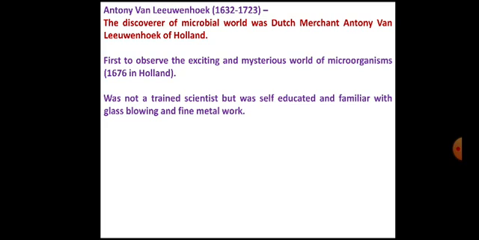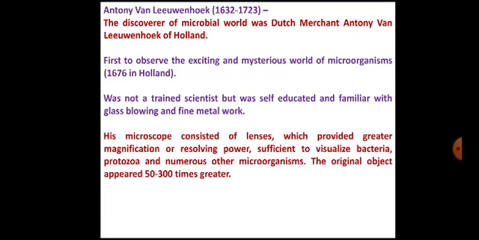He was not a trained scientist. It is very interesting to know he was a merchant, but he was self-educated, and he was familiar with glass blowing and fine metal work. So he was aware of the construction of lenses because he had knowledge of glass blowing and metal work. Using this knowledge, he constructed this simple microscope.